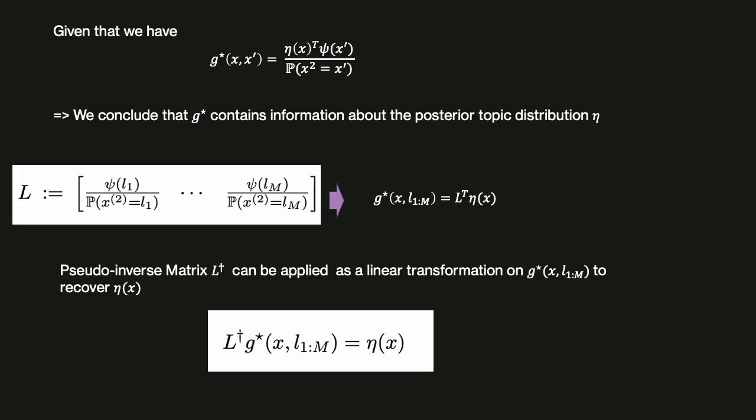From this lemma, we can conclude that G star, which is our embedding of the text, contains direct information about the posterior topic distribution eta. Now if we take the psi in the numerator and the denominator portion as L, we can show that this embedding is a product of this L and the posterior topic distribution. And if we take the pseudo-inverse of the matrix L, we can show that this can be used as a linear transformation on the embedding to recover the posterior topic distribution.